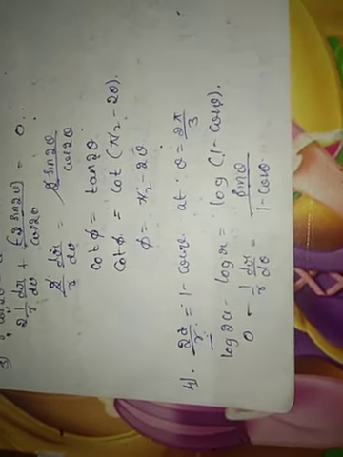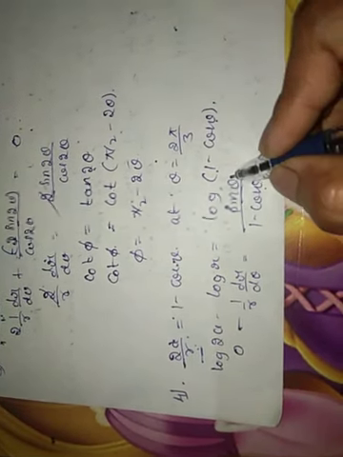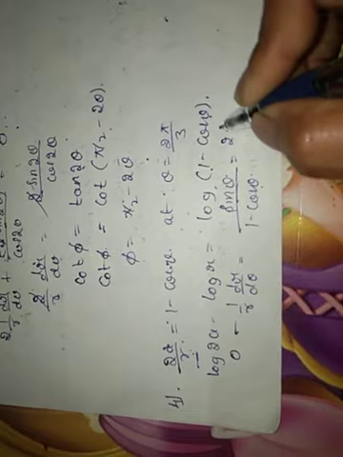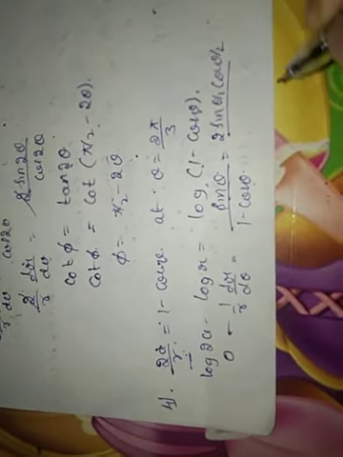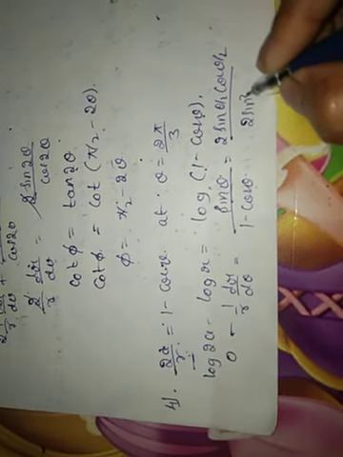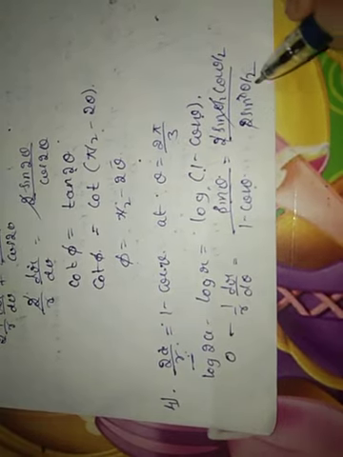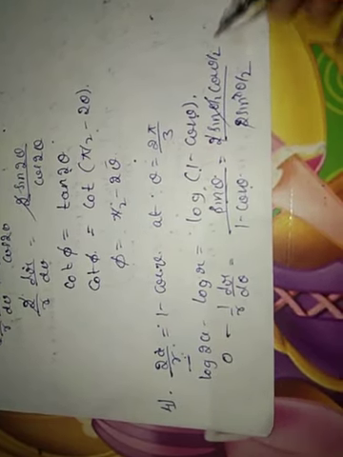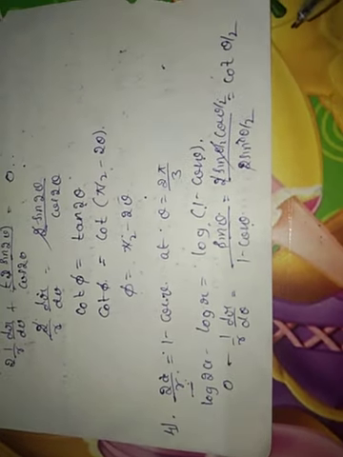Now apply the formula for both the numerator and denominator of the function. Sin theta equal to 2 sin theta by 2 into cos theta by 2. 1 minus cos theta equal to 2 sin square theta by 2. 2 gets cancelled, one sin is cancelled. Cos theta by 2 divided by sin theta by 2 equal to cot of theta by 2.